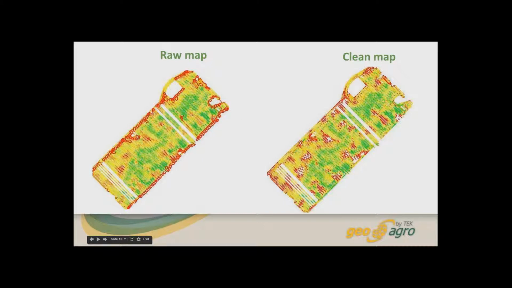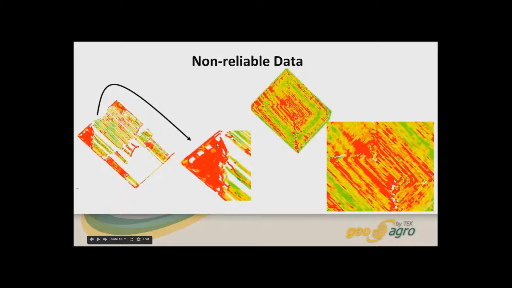This data on the left will lead us to errors. That's where the software comes in. You need to use your own software to clean it up, or if you're working with GeoAgro in the precision farming cycle, it's part of the service to clean and process the data, so we can use it for analysis.